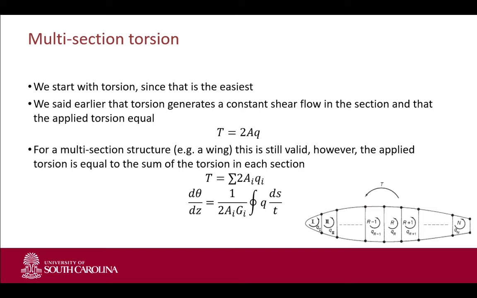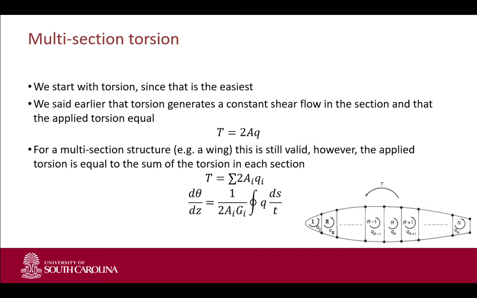Because of that, we can state that the torque that we just said is equal to 2 times the enclosed area. We also state that each individual cell, if we calculate the amount of torsion it takes up, must equal the total torque applied to that structure.